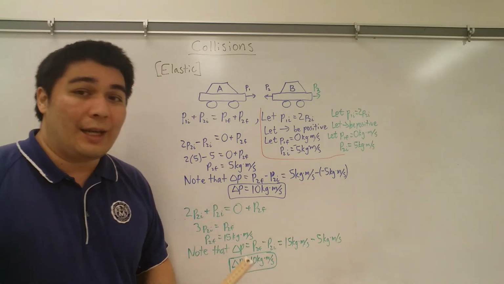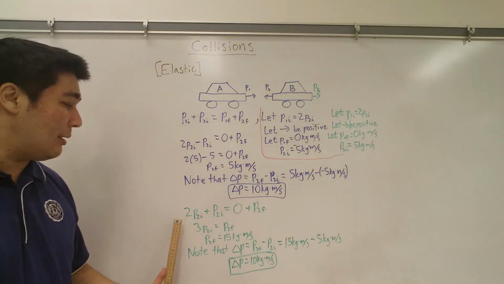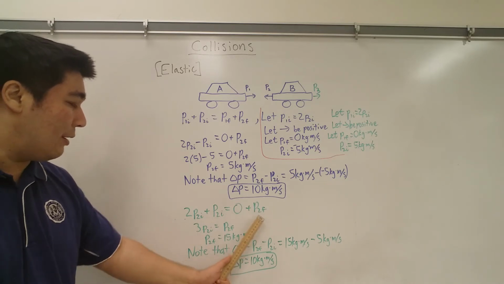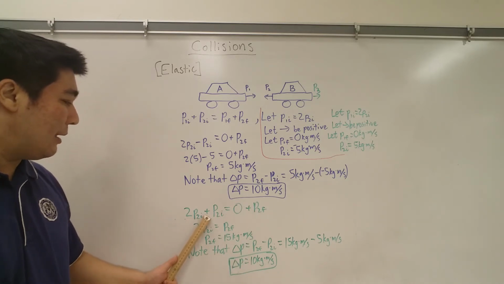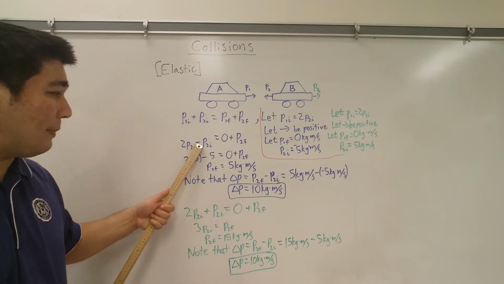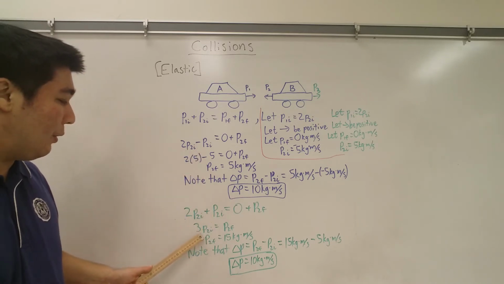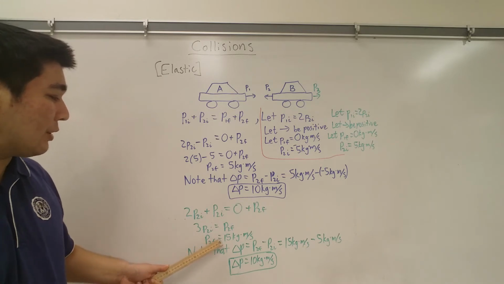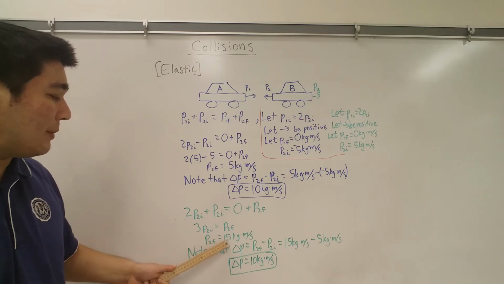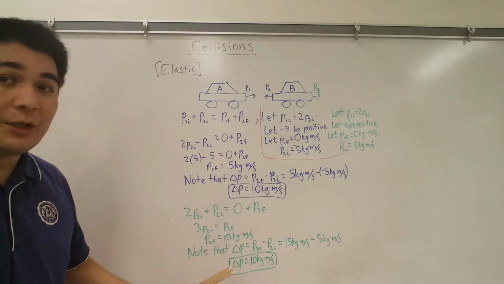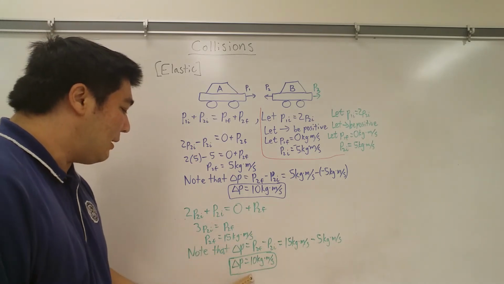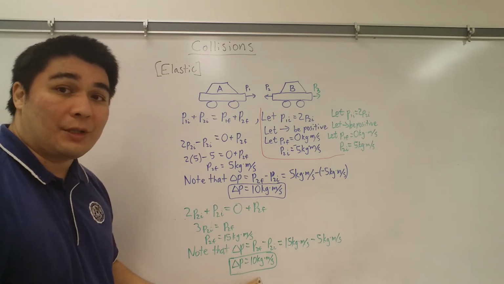So given all that, let's turn to our green chart and our green problem, where it's the same, except that there's a plus sign here instead of a minus sign. That's important because now the change in car 2 is going to be: the final momentum is going to be 15 kilogram meters per second, and the change in momentum is still 10 kilogram meters per second.